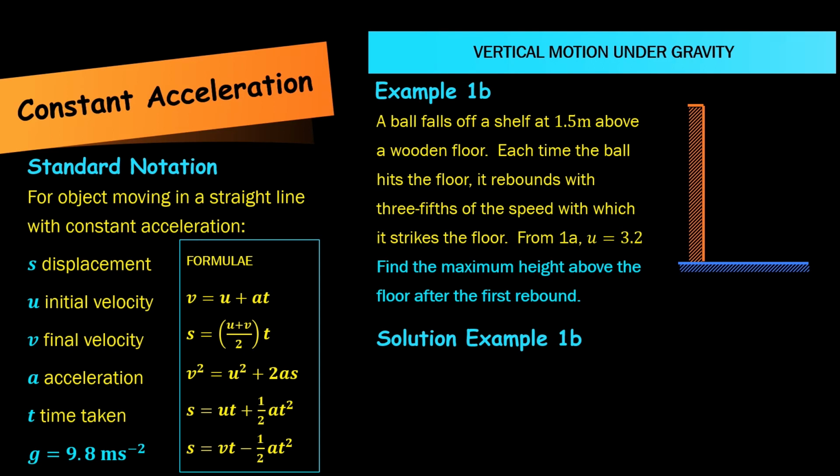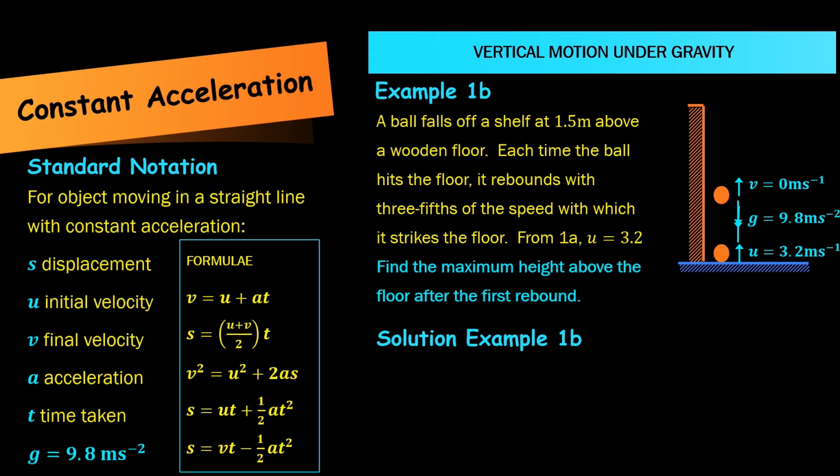So let's solve this. We have on the next part of our journey that the initial velocity is 3.2 meters per second. We have that g, or acceleration, is equal to 9.8 meters per second squared.